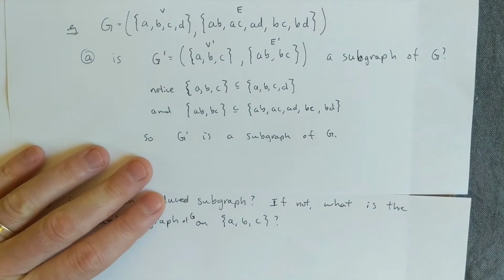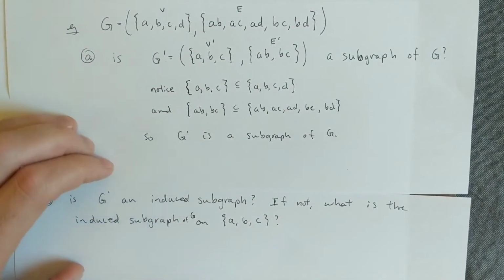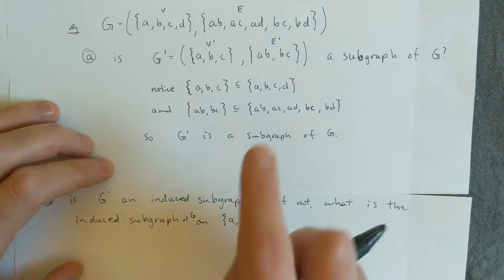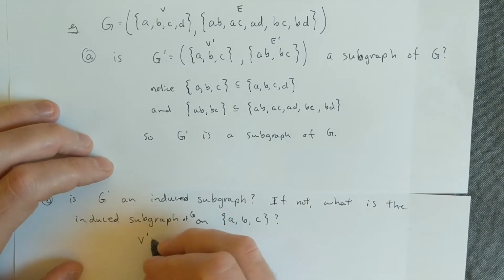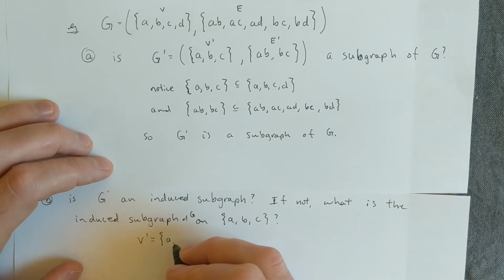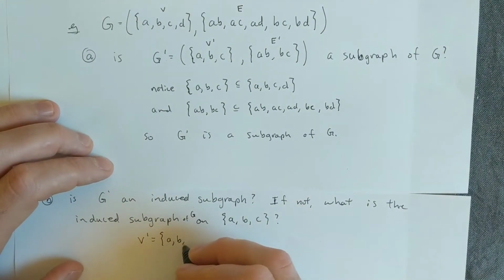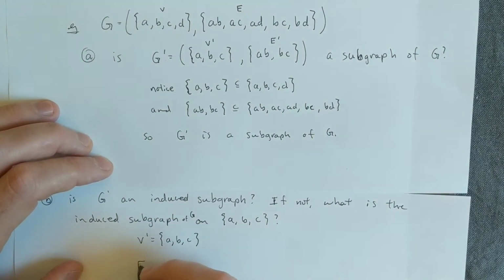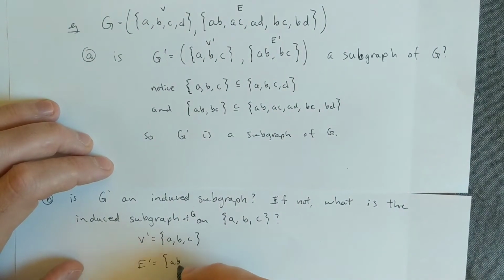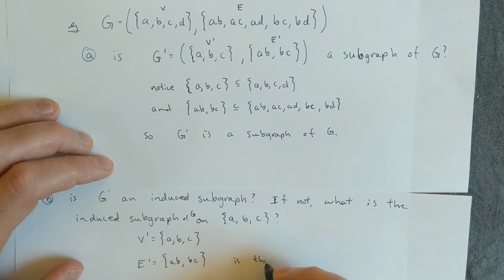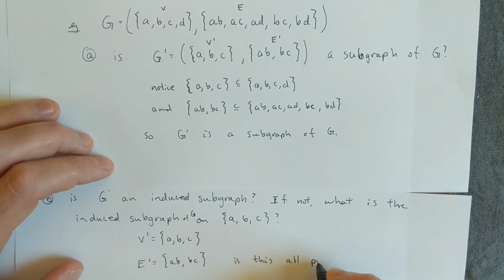And so if we think about what induced subgraph should mean, it means that we have all possible edges in our vertex set. So our V prime in this case is ABC. And our E prime is AB, BC.